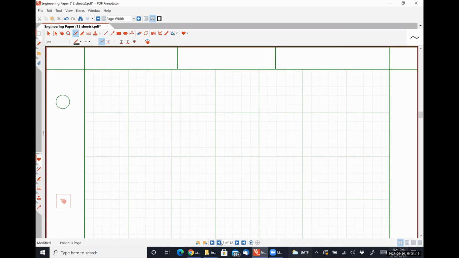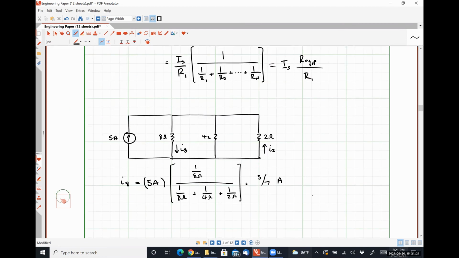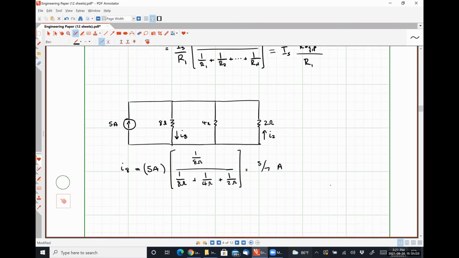Sorry, let me scroll back up if it will let me. I2, actually, you guys tell me what my expression should look like to determine I2.